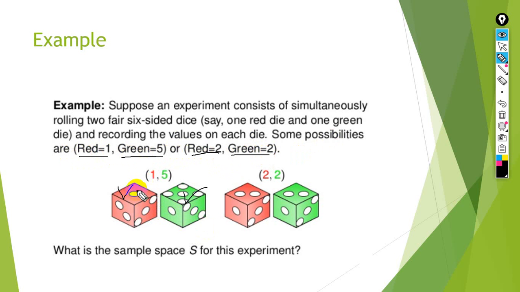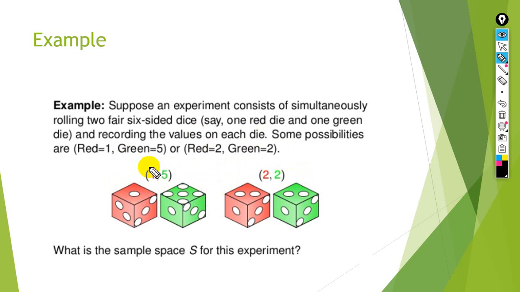Here the first dice, the red dice, displays 1. We can read the data from this experiment just like this. So here we have red is equal to 1, green is equal to 5. Red is equal to 2, green is equal to 2.